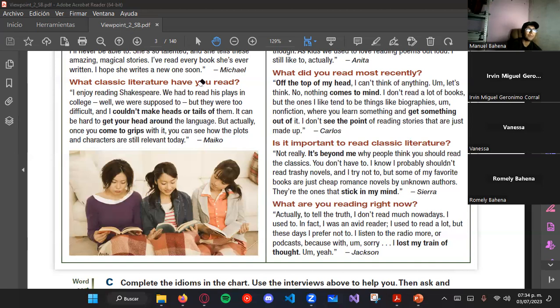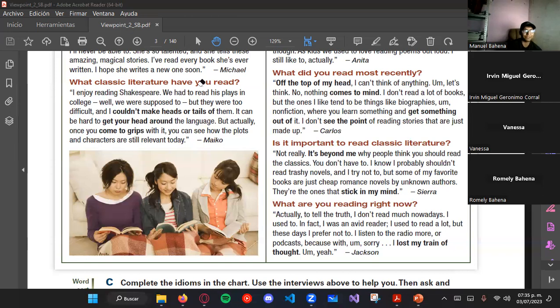It's beyond me why people think you should read the classics. "It's beyond me" can be like "me sobrepasa" or "no lo entiendo". No lo comprendo, no logro entender, está por encima de mí. No entiendo por qué las personas creen que debes leer los clásicos.